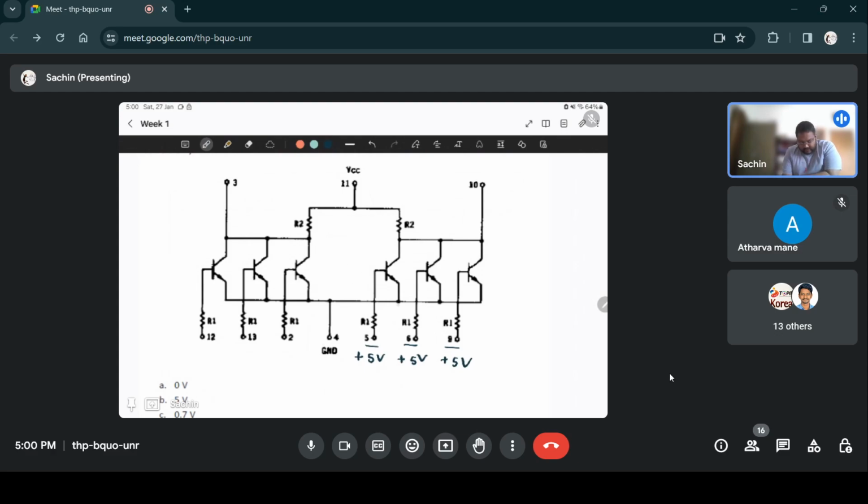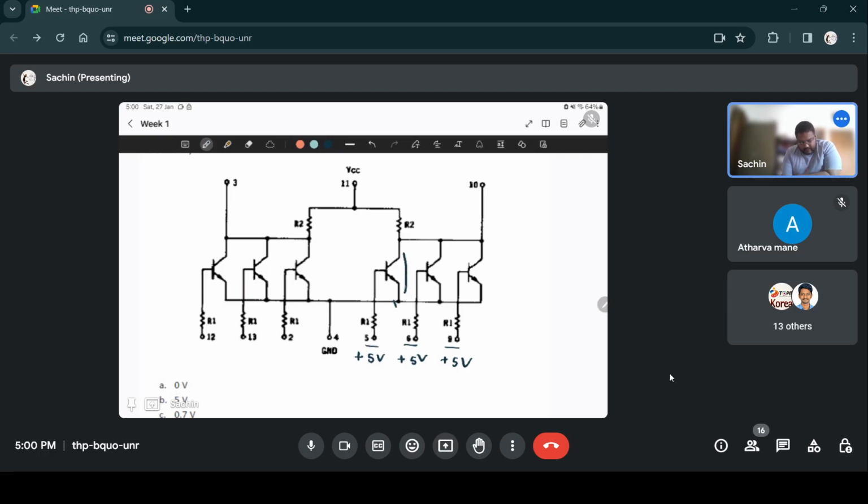You can see that emitter is connected to ground in all of the transistors. So this 5 volts is connected to the base through this resistor R1. So all 3 transistors will be turned on and go into saturation.